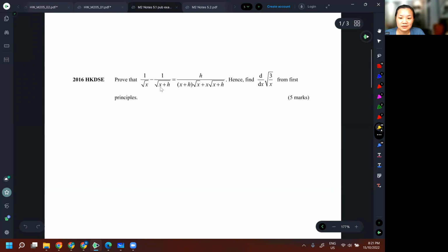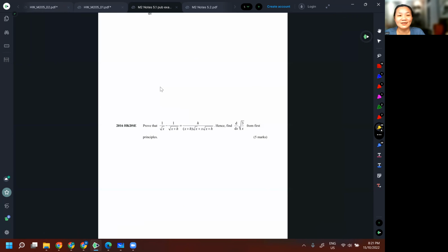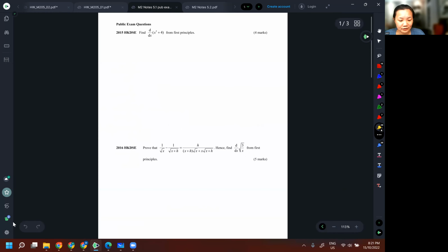And inside it has a lot, not all, but a lot of questions that are about the first principle, okay? Can you find that? This file.